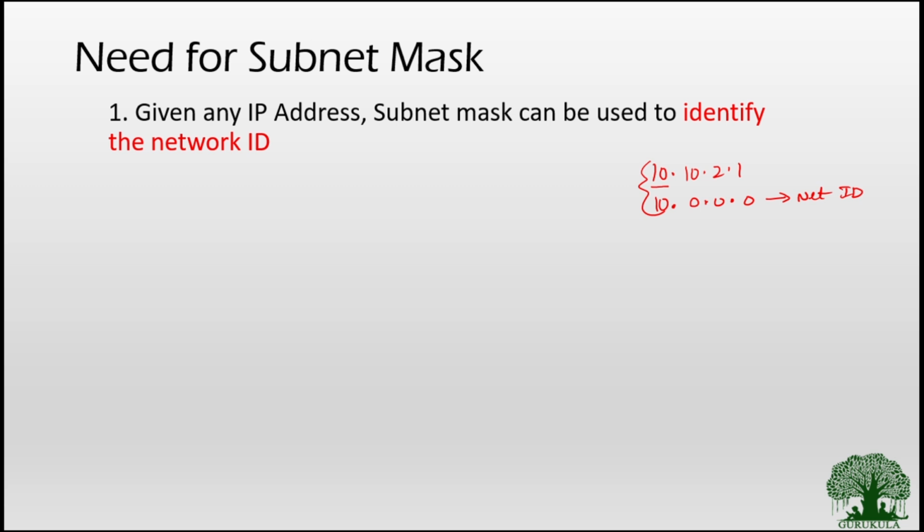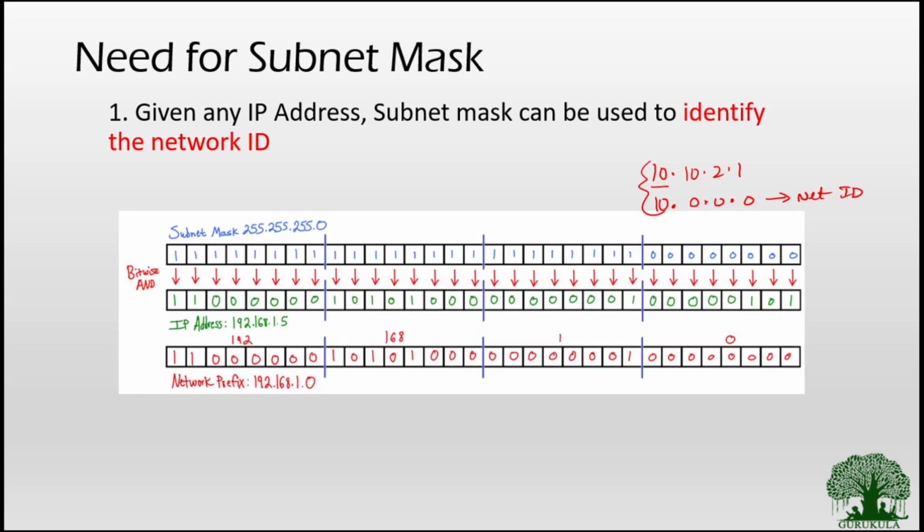In case I am using a classful address, say, let us assume that this IP address is from the subnetted address space. In that case, we cannot identify the network ID of that particular address, so there we will be using the subnet mask. Here the IP address that we have taken is 192.168.1.5.